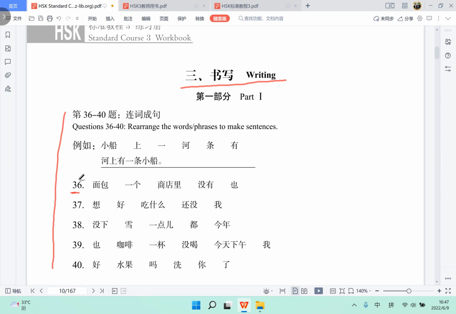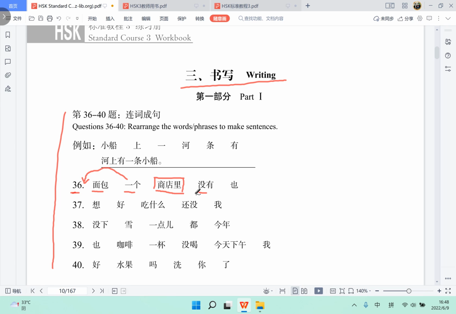Number 36. So 面包, bread, and 一个, so one. Normally this one should be before this one, right? So 一个面包, and 商店里, so in the shop. So this is a phrase for the place. So normally this should be at the beginning of the sentence. So 商店里, and we have 没有, haven't, right?